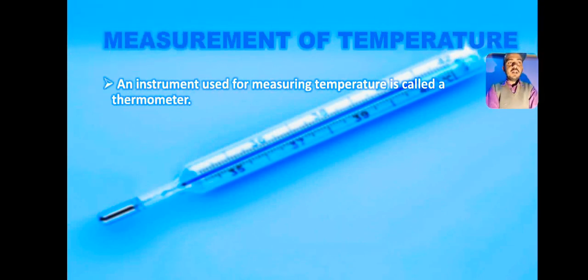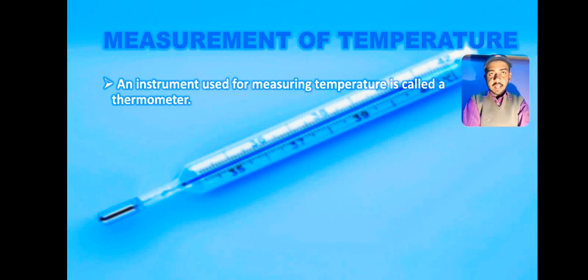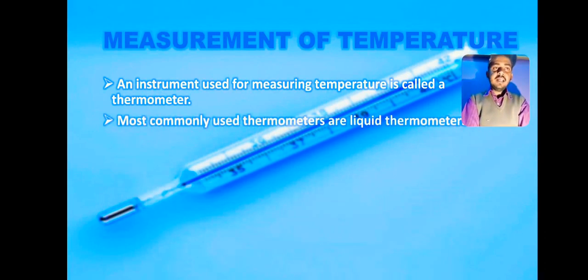Now, what is measurement of temperature? It says that an instrument used for measuring temperature is called a thermometer. Second thing is, most commonly used thermometers are liquid thermometers, my dear students.